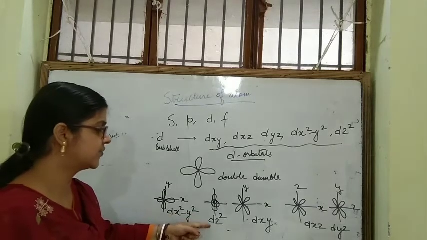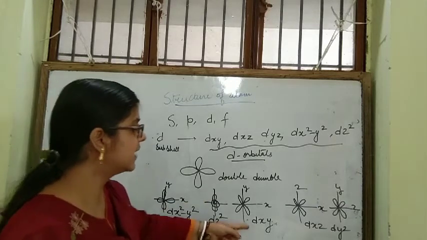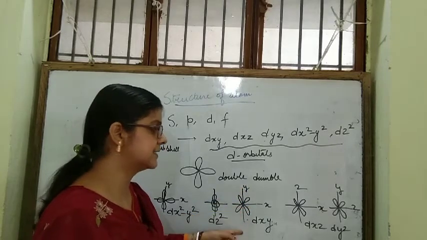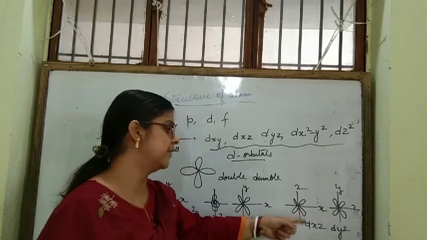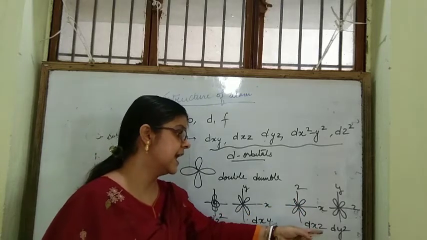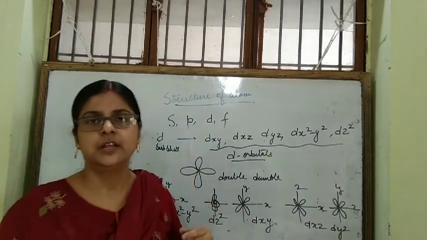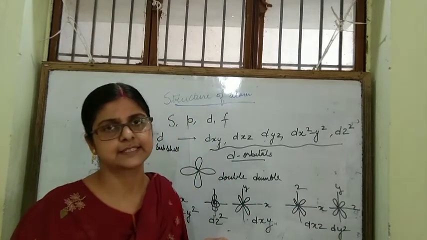And in dz square, it's like this. In dxy, the lobes lie between the x and y axes. Here the lobes lie between x and z axes. And here in yz, the lobes lie between y and z axes.